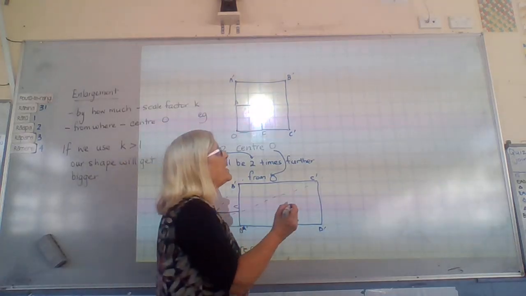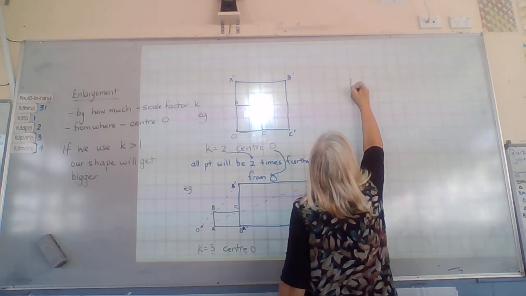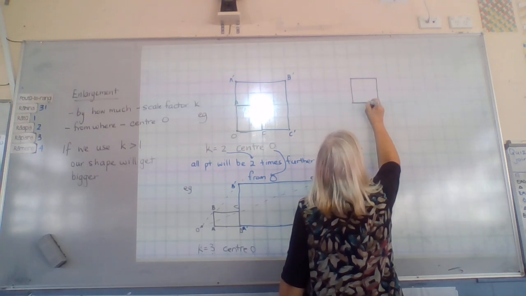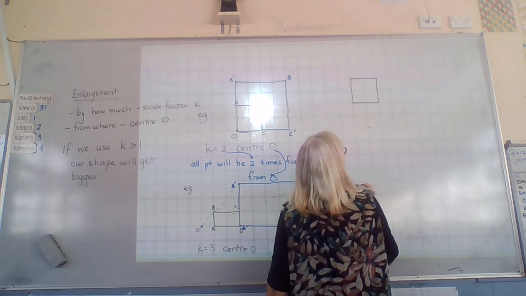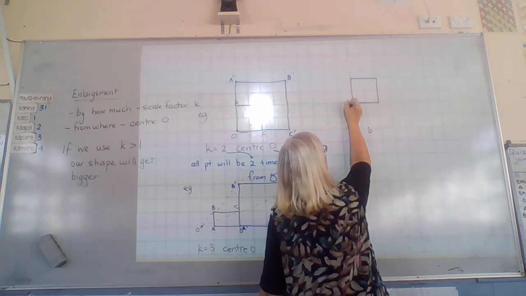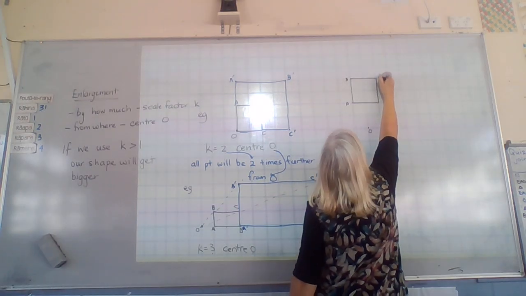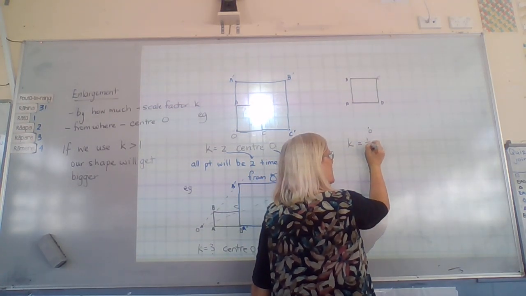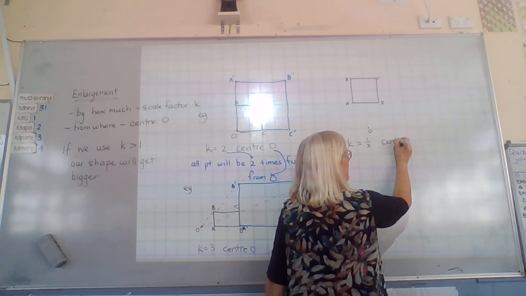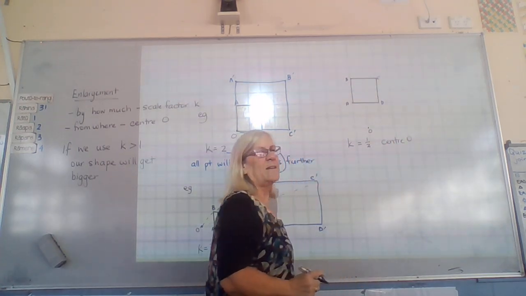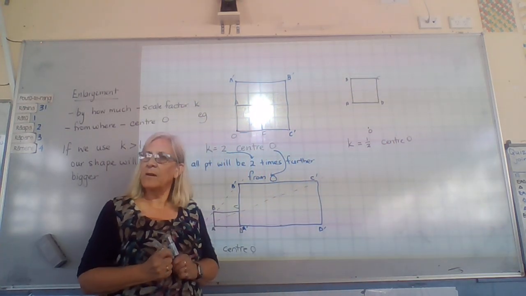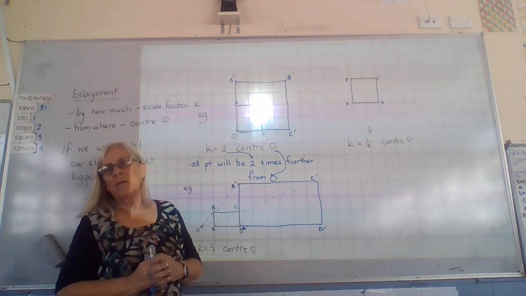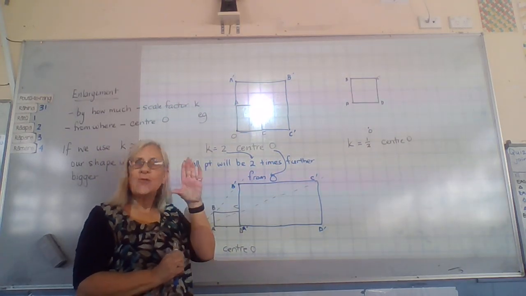So what if we have this one? And our K is a half. What will we be doing? Yes, Emma? Shrinking it.